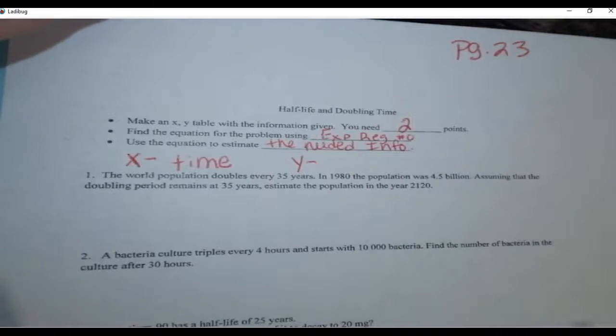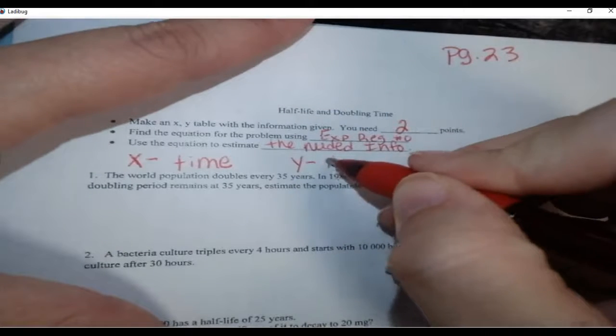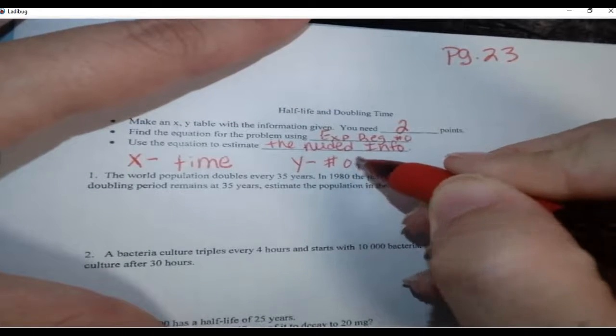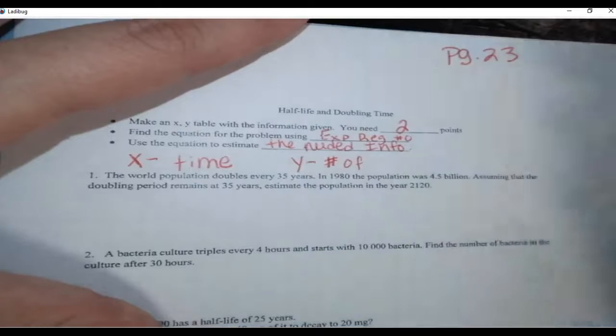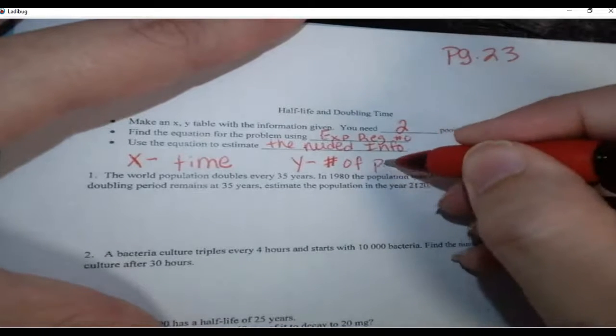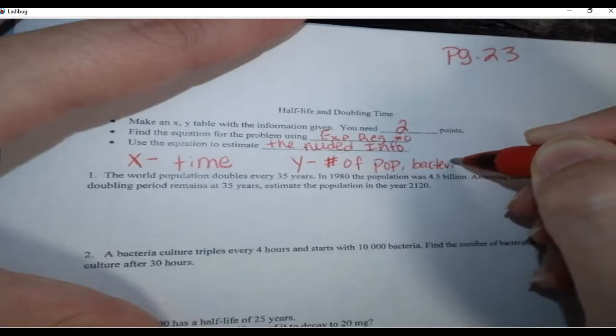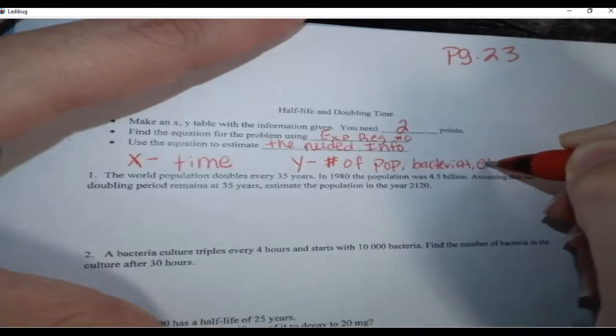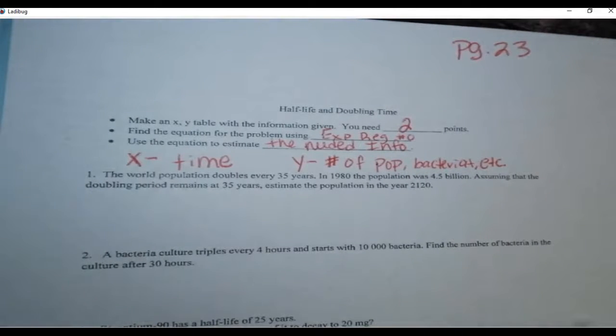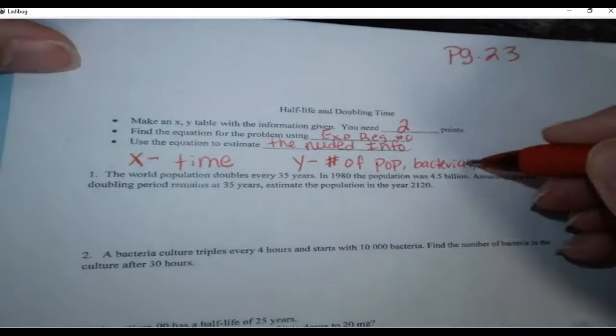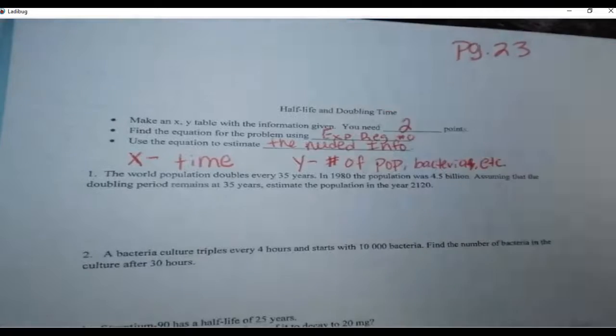So if we're talking about population, or the number of bacteria, whatever your problem is talking about. Bacteria has a T on it.